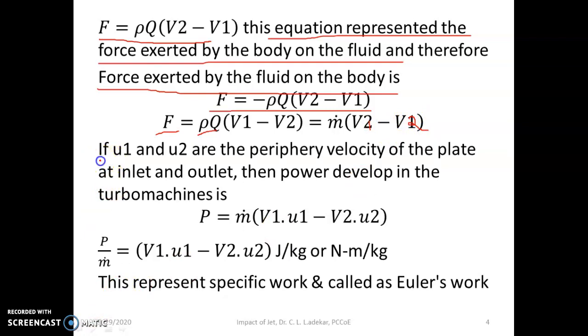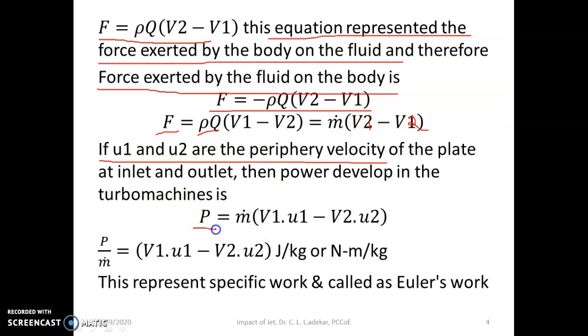If u1 and u2 are the periphery velocities, suppose there is a wheel on which the force is exerted by the jet, and the wheel periphery at inlet is at u1, and the water leaving the wheel is at a periphery where the velocity is u2.